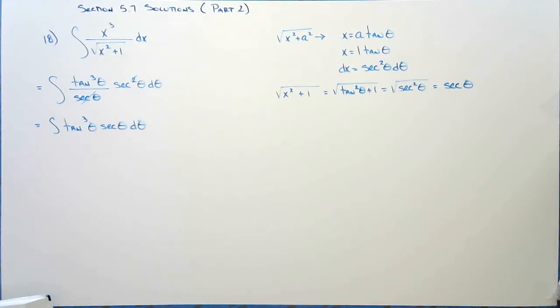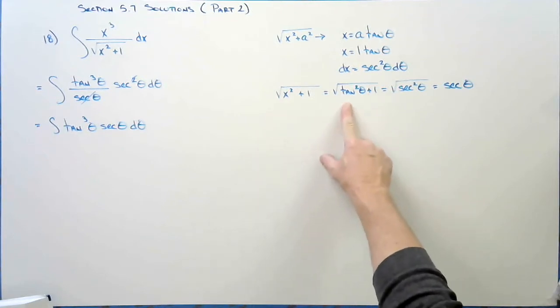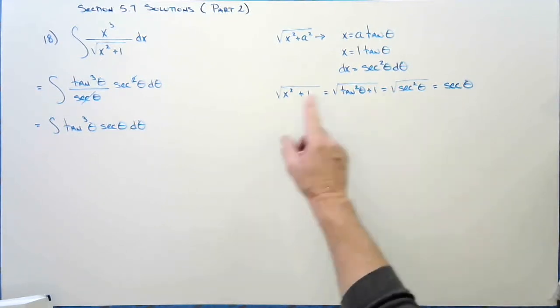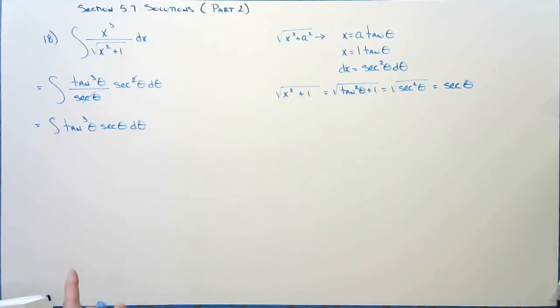Dx is the derivative of tangent, which is secant squared theta d theta. We substituted that in, and our square root, we had x, which was tangent. Tangent squared plus 1 is secant squared. The square root of secant squared is secant. So our radical turned into a secant. Secant canceled secant, leaving secant to the first. So this is what we have.